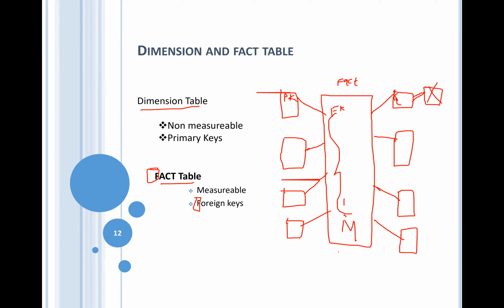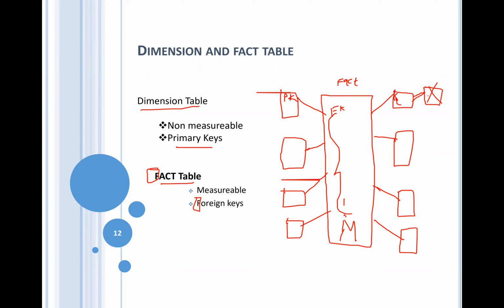Only measures it will have. All the keys from the dimension tables, and it will have the measures here. Okay, clear? Whichever table has a primary key, we will call that table a dimension table. It will have only attributes. It will not have any measures. If a dimension table has any foreign keys, that means it is in the snowflake schema.